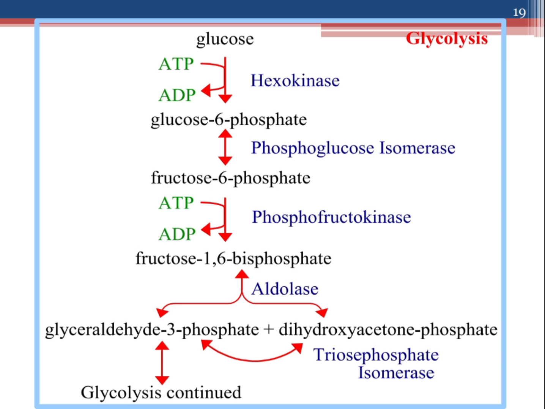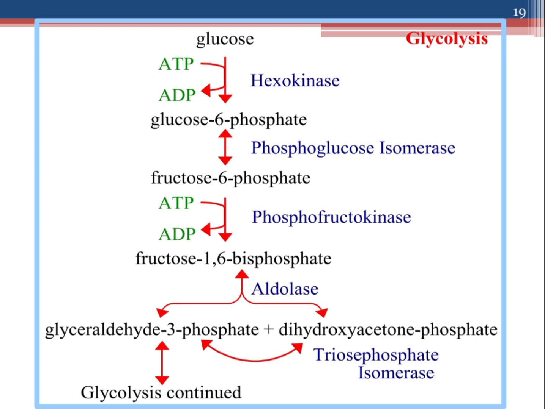Now, fructose 1,6-bisphosphate means that the first phosphate has bound to the first carbon in the fructose, and the other one has bound to the second carbon. But we should remember with maximum emphasis that this one is also a 6-carbon molecule. The enzyme that catalyzes this reaction from fructose 6-phosphate to fructose 1,6-bisphosphate is known as phosphofructokinase.